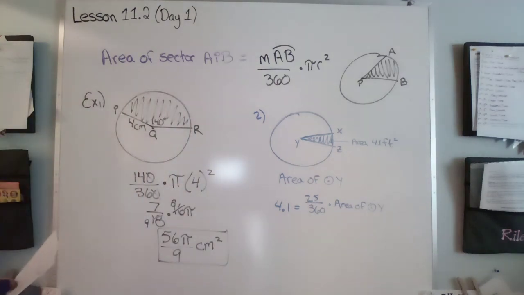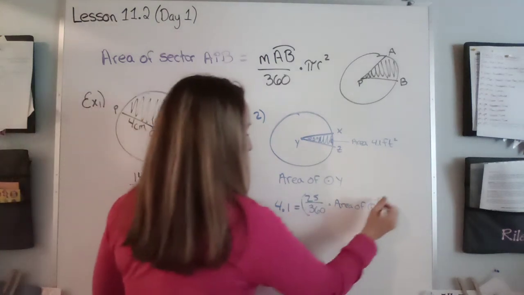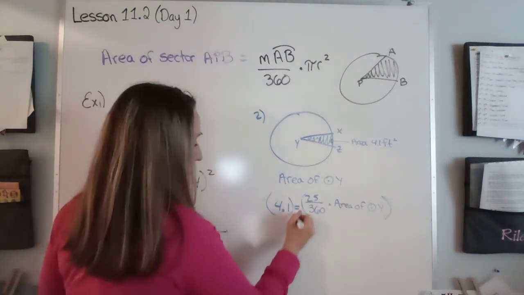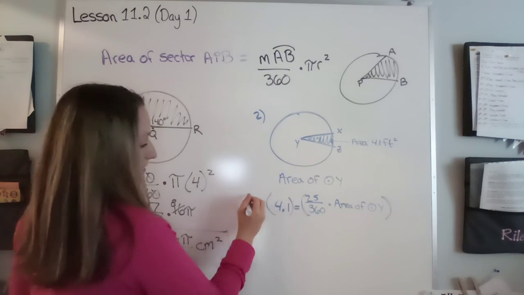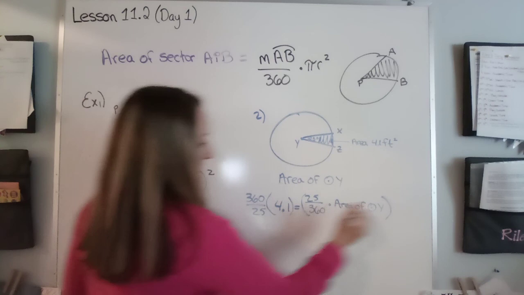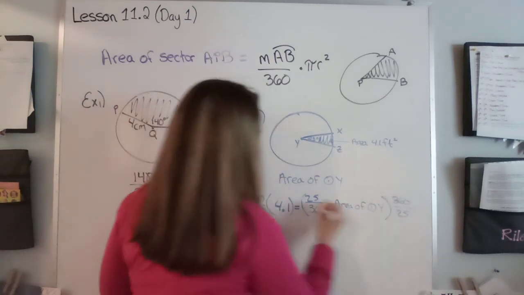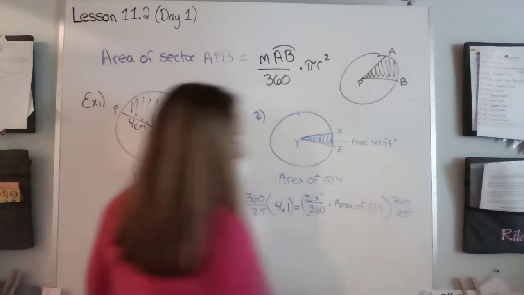From there, you can simplify, or you could just multiply both sides of the equation by the reciprocal of the fraction, which is what I'm going to do, 360 over 25. On the right-hand side, the fraction cancels.